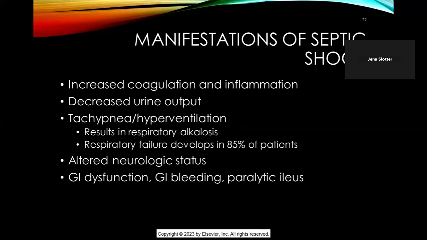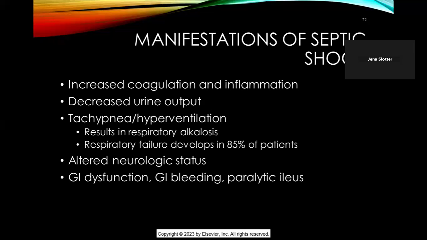Manifestations are sometimes a little bit different than the other shocks that we've talked about. You may see increased coagulation, and you're definitely going to see inflammation. You're going to see decreased urine output. You are going to see tachypnea, hyperventilation. Ultimately, if it's not corrected, that's going to result in respiratory alkalosis, and then respiratory failure develops in a lot of these septic shock patients.